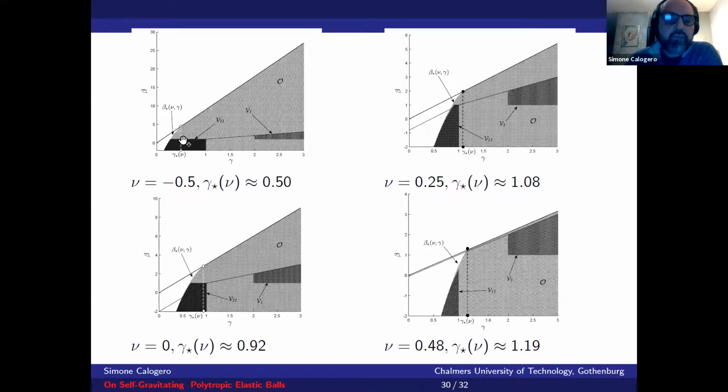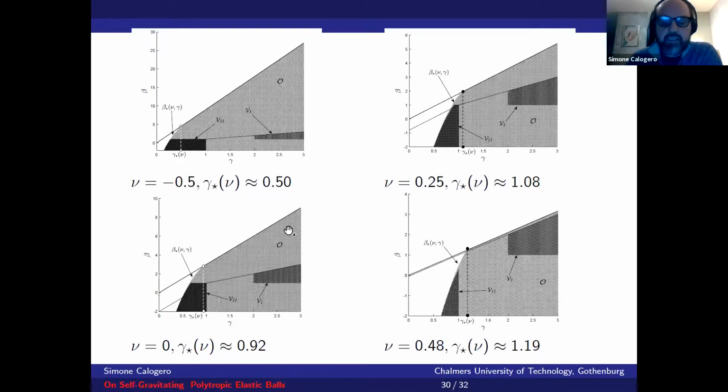Okay, and if gamma is smaller than gamma star, then I need to require that beta is smaller than this beta star. But if gamma is larger than gamma star, then all values of beta are admissible. Okay, and this region has the same shape for all values of mu, as you can see here.